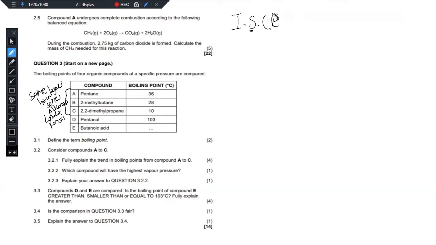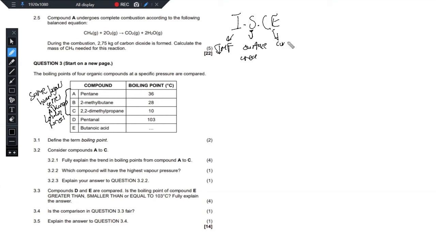Then we have to compare the strength of the intermolecular forces as we increase the branches and decrease the surface area. And then we have to speak about the energy required to overcome the intermolecular forces. So I is for the type of intermolecular forces, S is for the surface area. This is the structure of where you get marks in terms of explaining this.